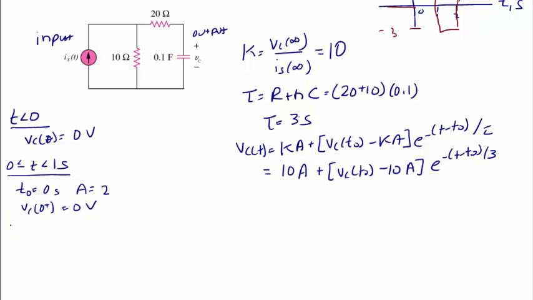So VC of t is equal to 20 times 1 minus e to the negative t over 3 volts. So now we'll do the next interval, which is t between 1 and 2 seconds.